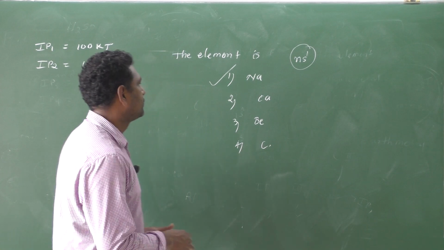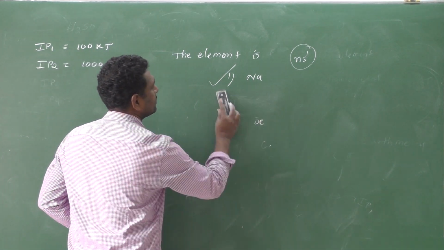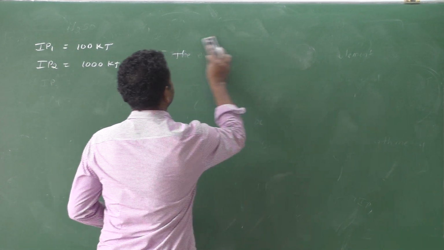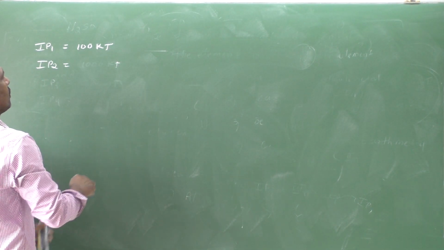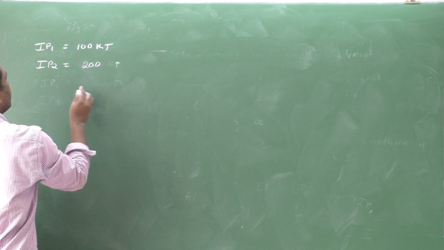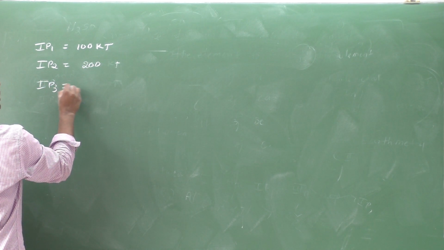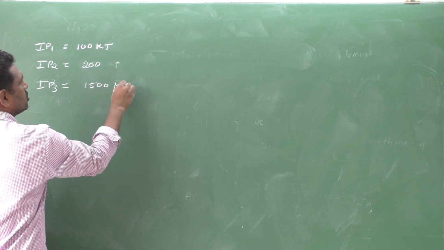After that, next question they will ask like this. IP3 1500 kilojoules.